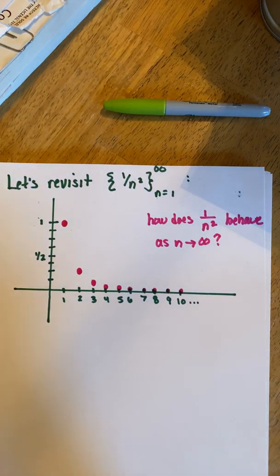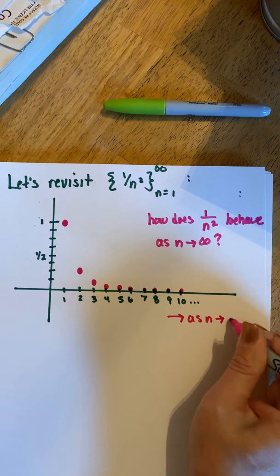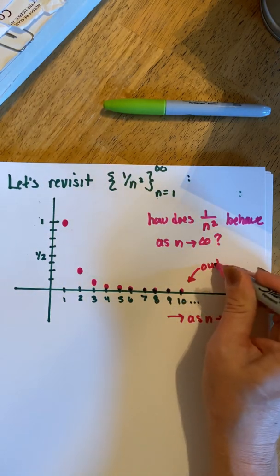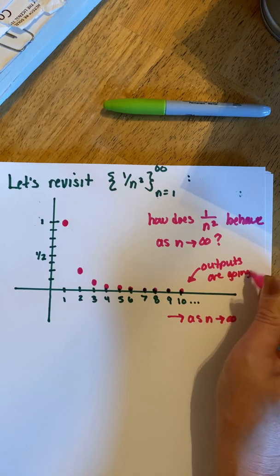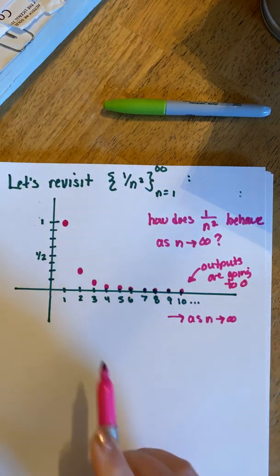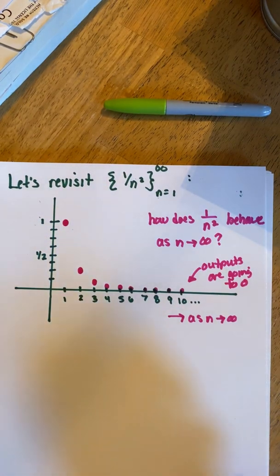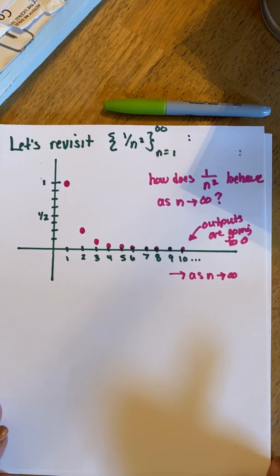So we can clearly see as n goes to infinity, my outputs are going to 0, because the higher the number in the denominator, the outputs are going to 0. The higher the number in the denominator, we square it. It's going to create yet a bigger number, and the outputs are going to get closer and closer to 0.